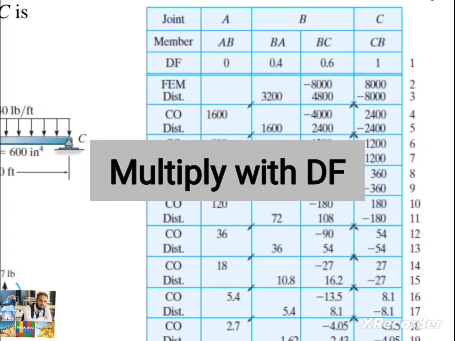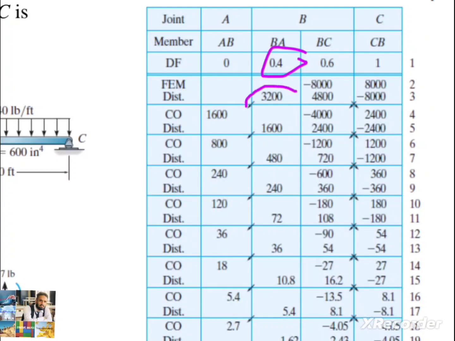Multiply plus 8000 by 0.4, so the value will be 3200. Write this in front of the BA member column. Then multiply the same plus 8000 by the distribution factor for BC, so the moment will be 4800.